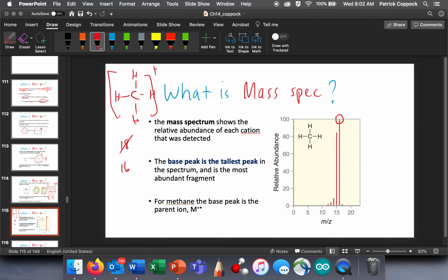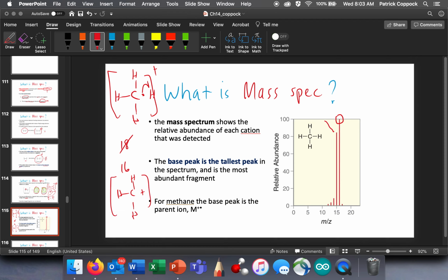So this peak, that is this in mass spec, if you were to do mass spec of methane, which is done here, then you'll eject one electron, and that'll make a plus. So that's this piece right here. Now, as it fragments, another piece will be left, right? There's another piece, okay?